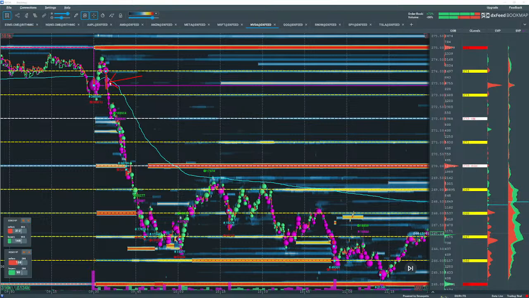So a quick move up to somewhere between 274 and 275. Sell sweep comes in. That's the small red dots. Those are aggressive sellers. And notice also the pink dots, the volume dots, shift from green to red, and price makes a quick drop down to the first target at the 270 key gamma strike and the liquidity at that level.